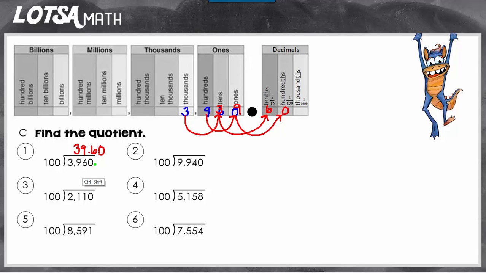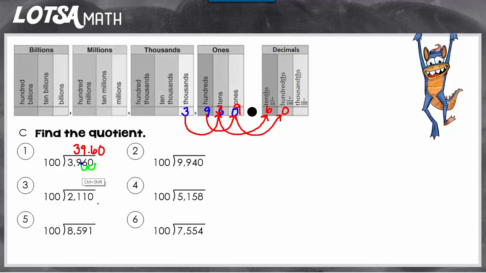But look where it is now. It's 2 digits to the right in the hundredths place. So if you take this invisible decimal and you move it 2 places to the left and let it land right there, it would be the same thing as taking each digit and moving them 2 spots to the right. So this is a strategy that you can use when you're dividing by 100.